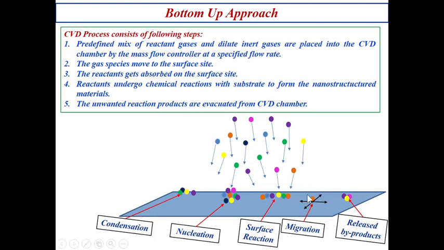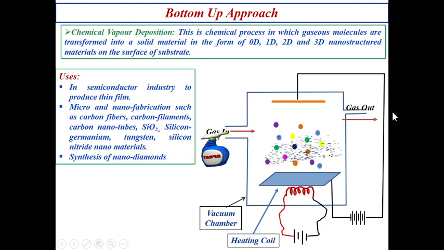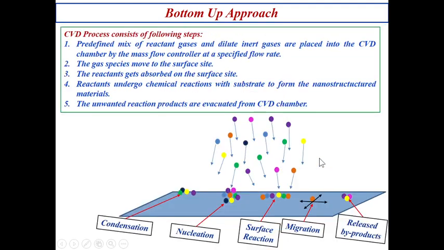The atoms and molecules which could not react move on this substrate, and the atoms and molecules which react and form unwanted byproducts, those byproducts are released by this valve. After nucleation we collect the so-called nanostructure material.